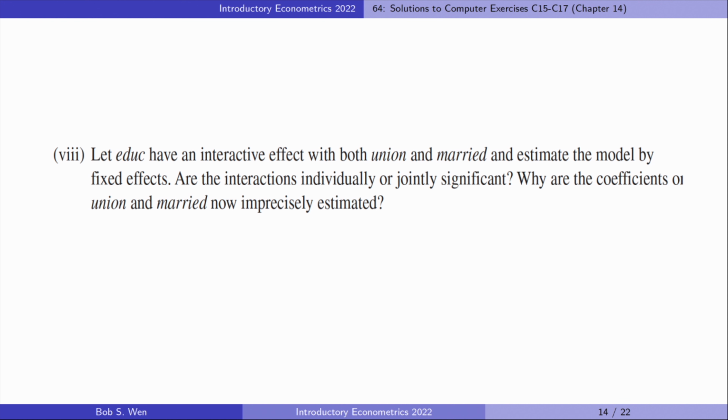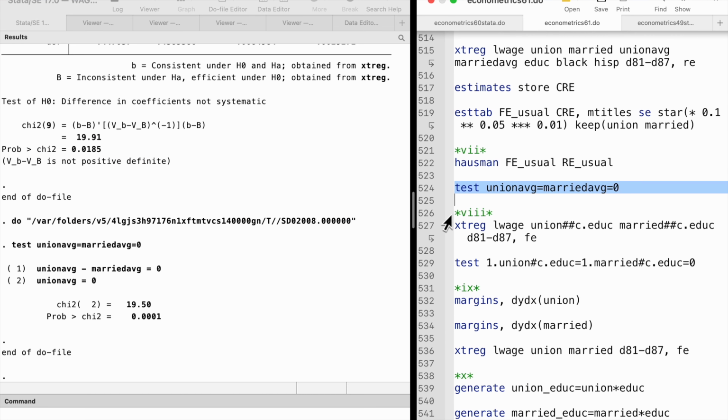In Part 8, let education have an interactive effect with both union and married and estimate the model by fixed effects. Are the interactions individually or jointly significant? Why are the coefficients on union and married now imprecisely estimated? We use the double hashtags between variables to represent the level and interaction terms.